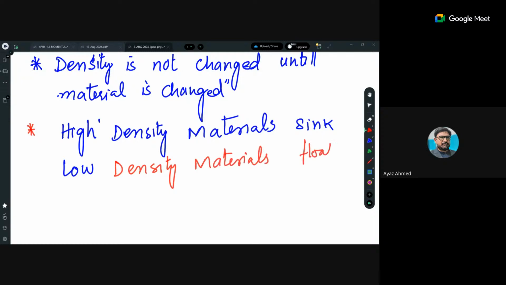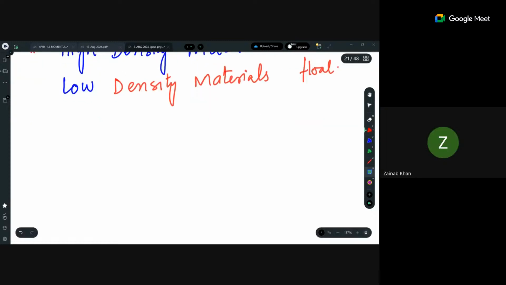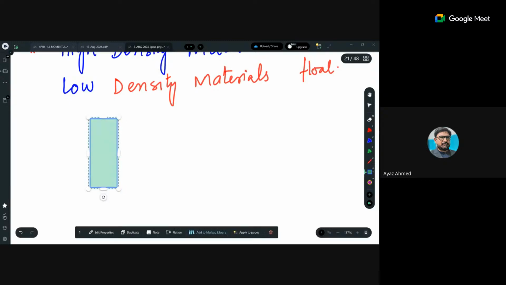Can you give me one example of that? Sir, high density materials sink because they're heavy. Okay.